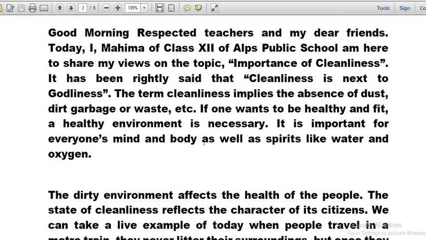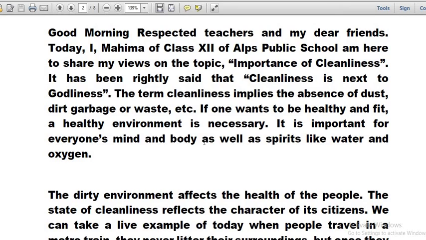If one wants to be healthy and fit, a healthy environment is necessary. This is important, dear students. It is important for everyone's mind and body as well as spirit, like water and oxygen. Yes, see, health is wealth. If we want to be healthy and fit, then as responsible citizens we have to create a healthy environment.